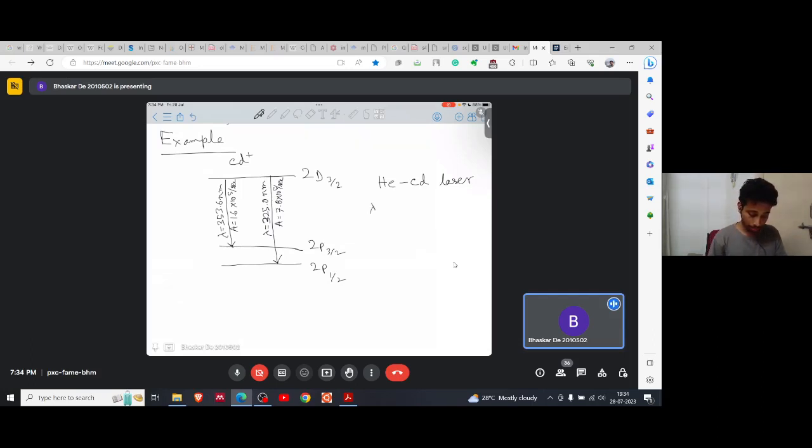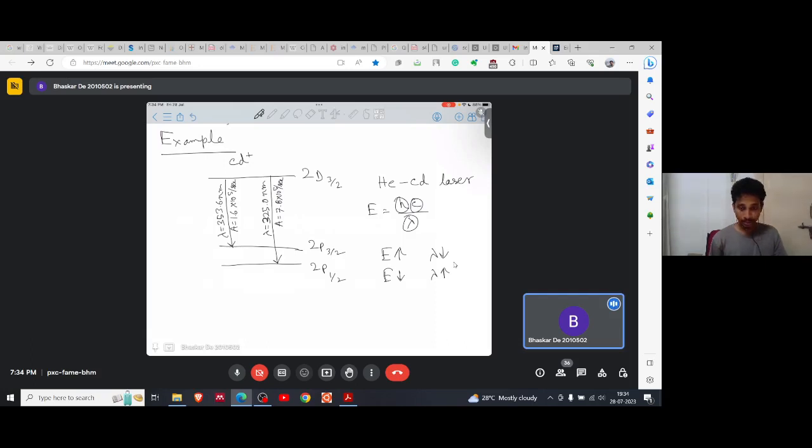From lambda you can calculate the energy of the photon radiated from this transition, by E equal to hc by lambda. So h is the Planck constant, c is the velocity of light in vacuum, and lambda is the wavelength. So the lower the lambda, the higher the energy of the photon. So if E is going up, lambda is going down, and if E is going down, lambda is going up.